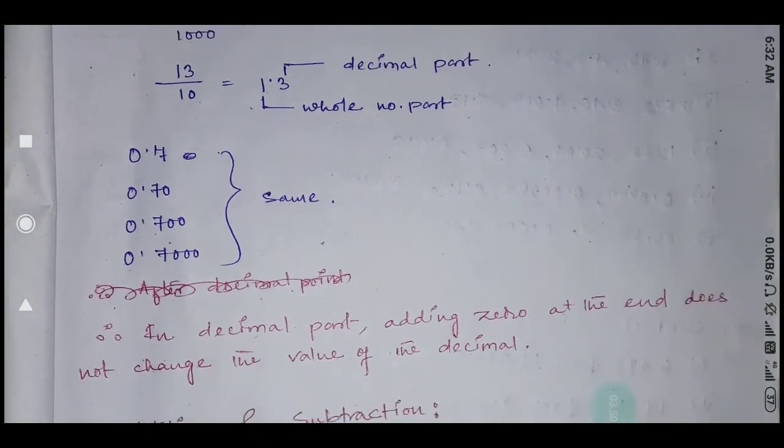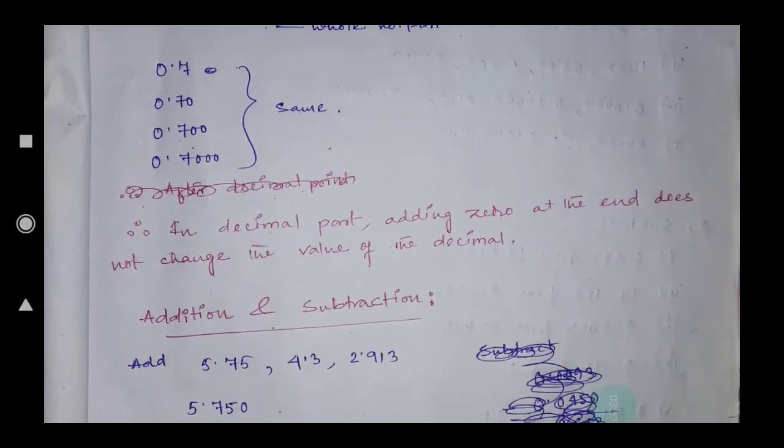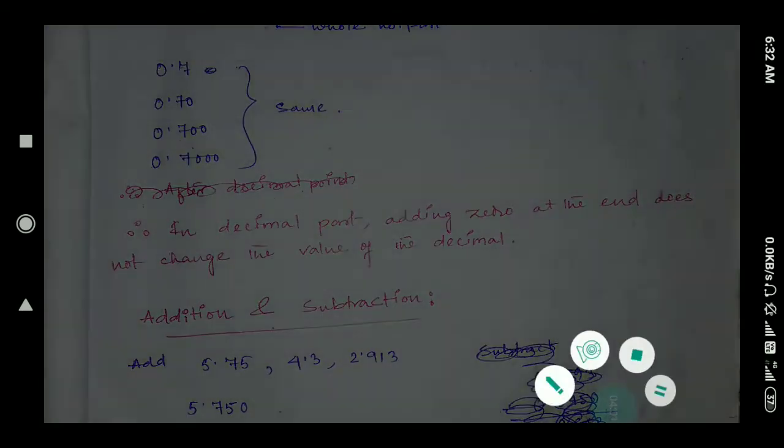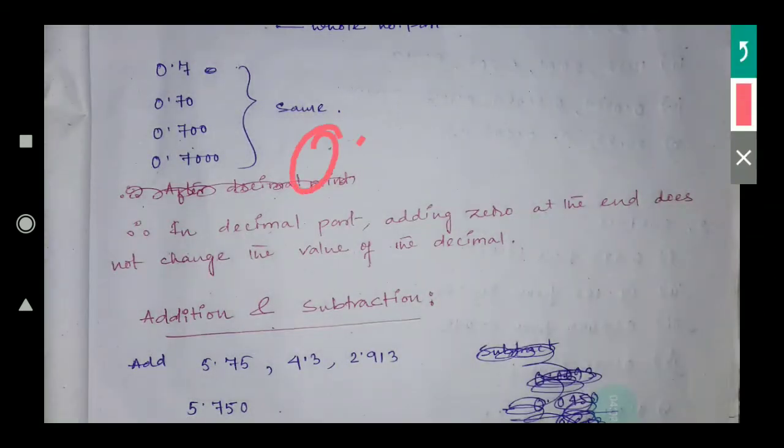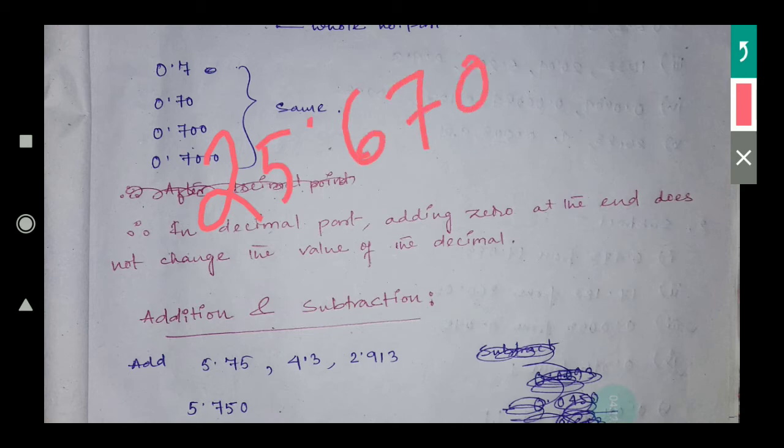See here, one point I've written: in the decimal part, adding 0 at the end does not change the value of the decimal. Suppose 25.670 is given, and after calculating, someone has got 25.67.